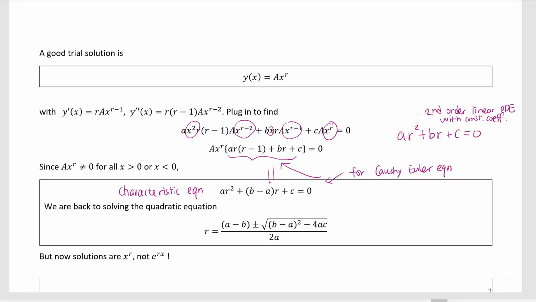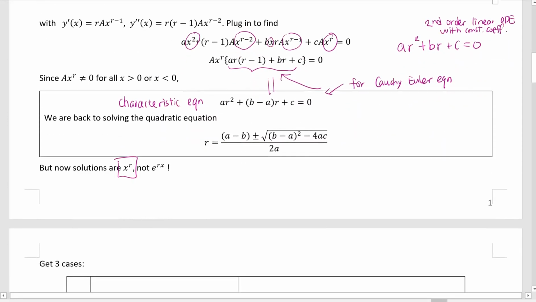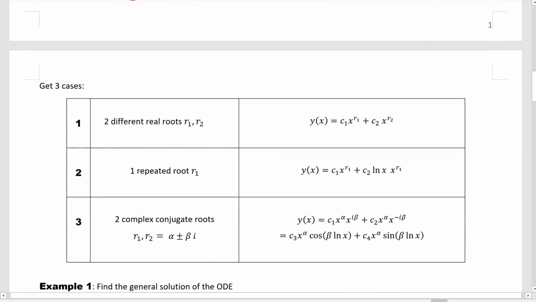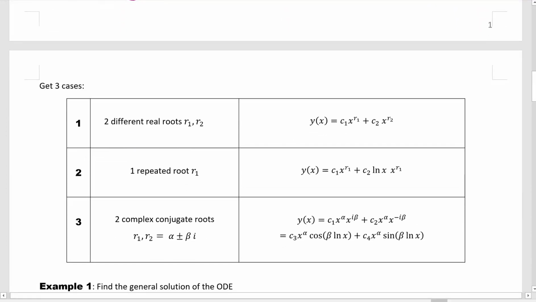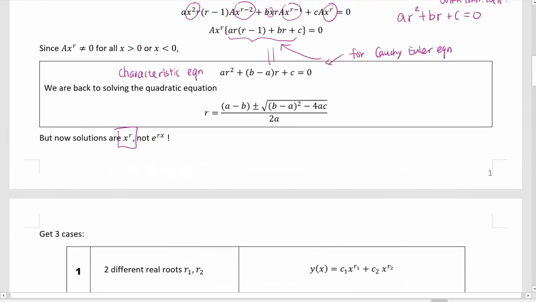Remember, now the solution is x to the r. The solution is not e to the rx. E to the rx is only for linear ODE with constant coefficients, but now our coefficients are not constant. If you remember, we have 3 cases: 2 distinct real roots, 1 repeated root, and 2 complex conjugate roots.